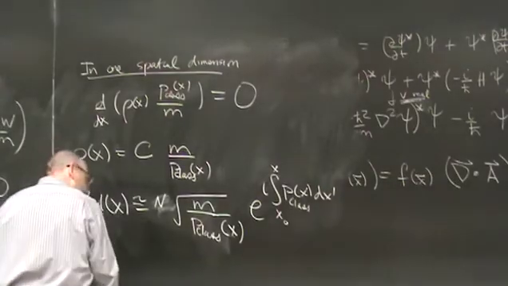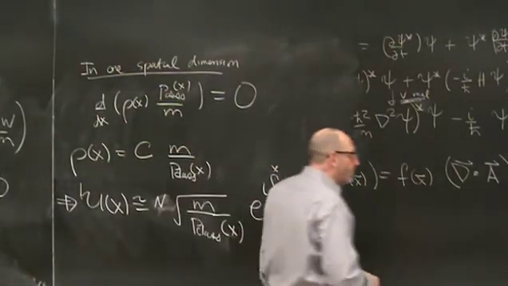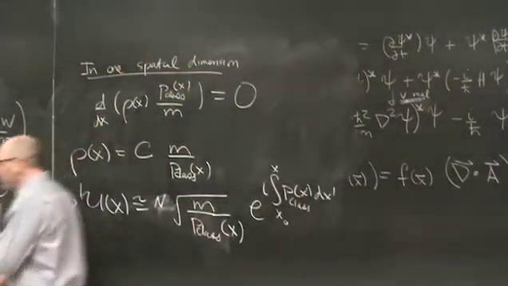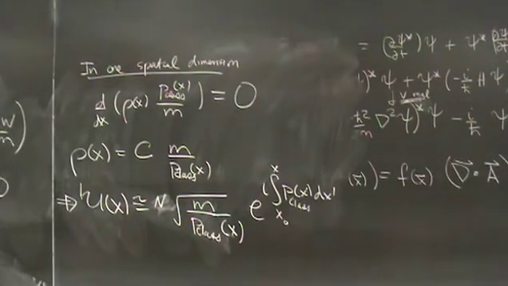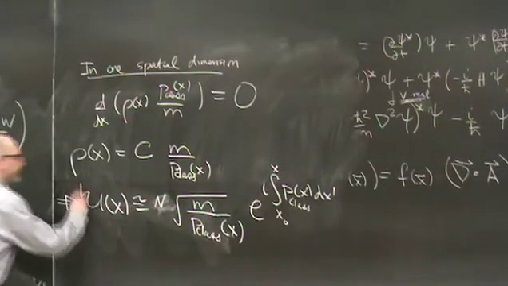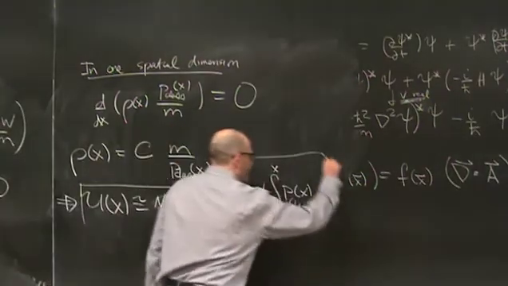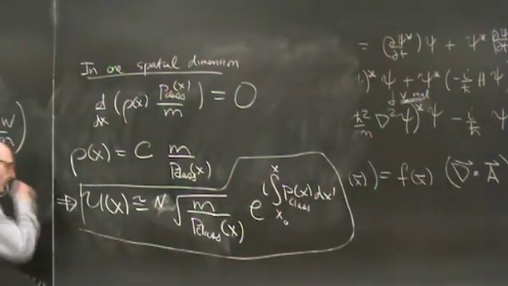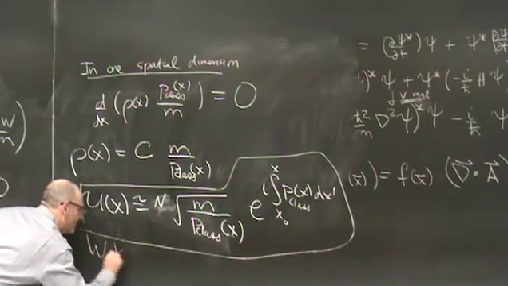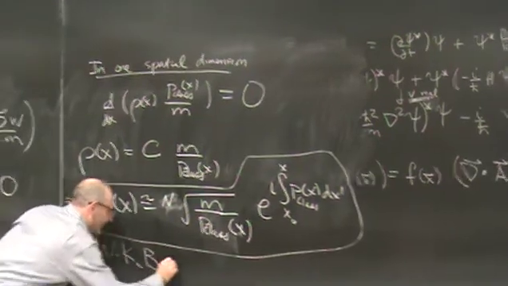And this form, this approximate solution for the wave function in this limit of short wavelengths compared to the particle, is known as the WKB approximation.